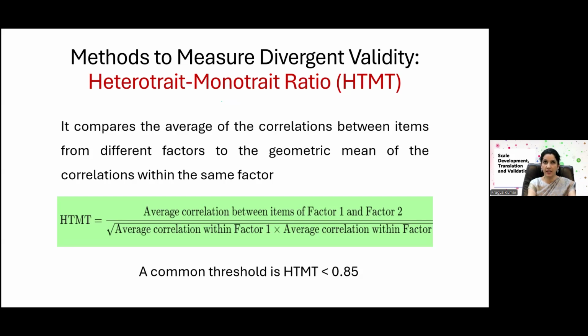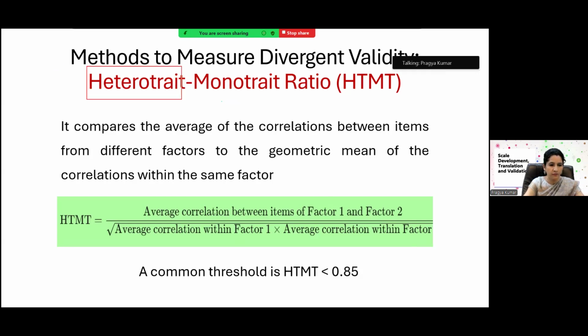In this case, you get this measure, known as the hetero-trait mono-trait ratio. Now there are 2 terms here, hetero-trait and mono-trait. Hetero-trait is for the 2 different factors, and mono-trait means for all items in one factor.